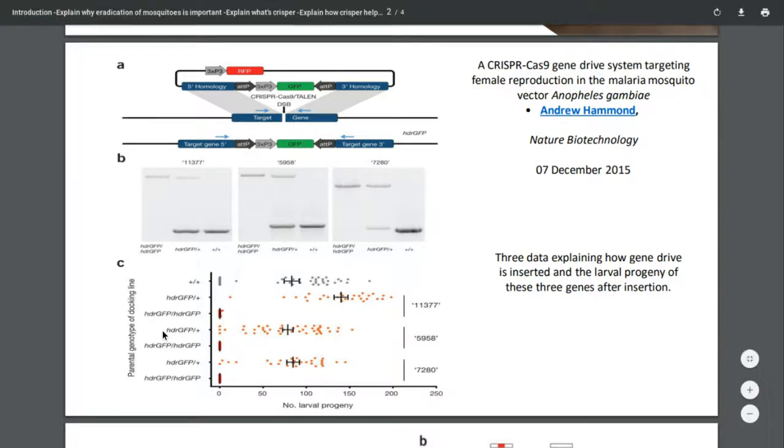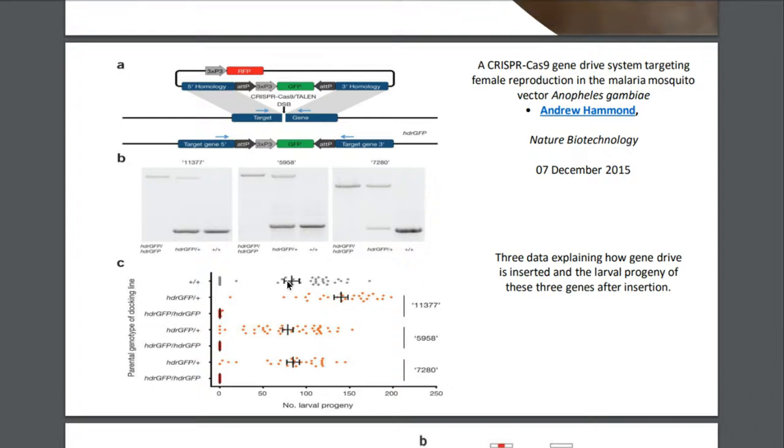If we go to C, the plus plus is a wild type mosquito, and the larva progeny, them producing eggs with no gene change. So this is just mosquitoes with no gene influence. In the sidebar, you can see the three different genes, and each of the three genes has a heterozygous and a homozygous version.